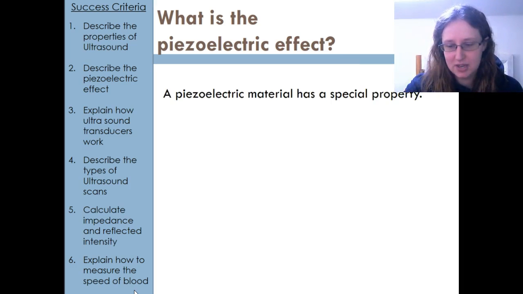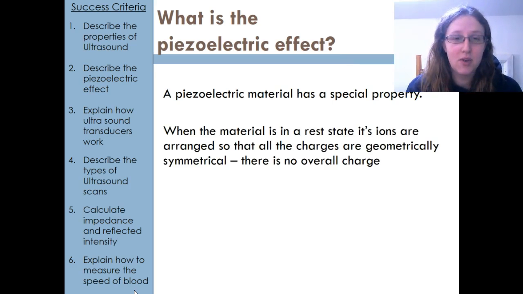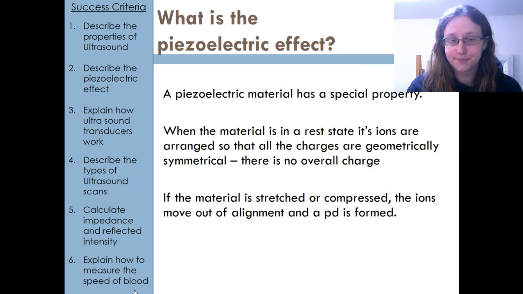Basically, piezoelectric materials have special properties. When this material is in its rest state, the ions are all arranged so that the charges are geometrically symmetrical. So basically it has no charge. If I then stretch or compress the material, the ions are moved and it causes a potential difference to be formed.